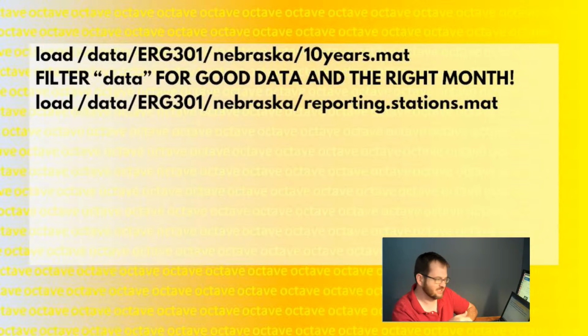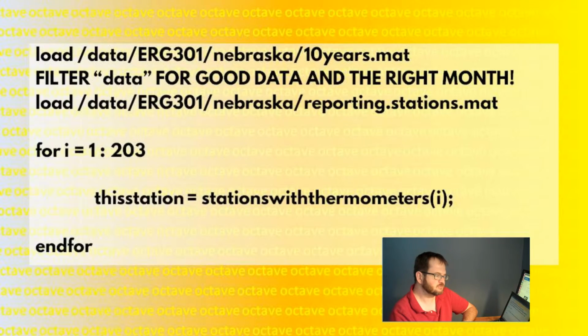We don't want anything that's missing, and we want the right month of observations, let's say July. Get rid of everything else. Once you've got that filtered, load that reporting stations.mat, and you'll have an array called stations with thermometers that tells you what stations you want to work with.